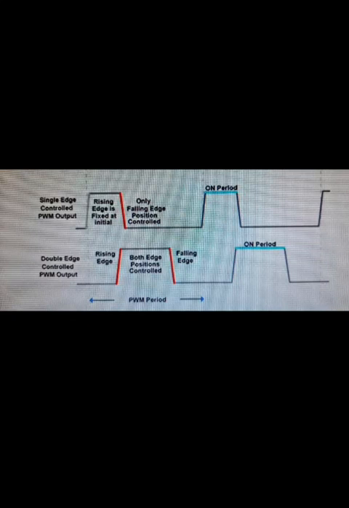In the double edge controlled PWM, both the rising, positive going, and the falling, negative going edge positions can be controlled to vary the pulse width. That means both the rising as well as the falling edge can be positioned anywhere in the PWM period.